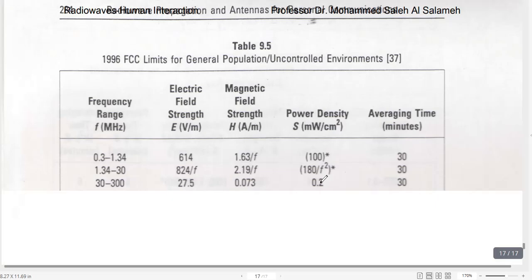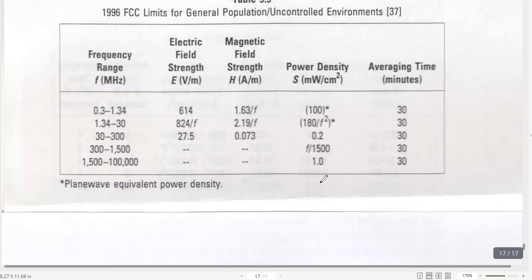For population, general public or uncontrolled environment, the limit for 1.34 to 30 megahertz is here. It is 180 over the frequency squared, plane wave equivalent power density in milliwatt per centimeter squared.